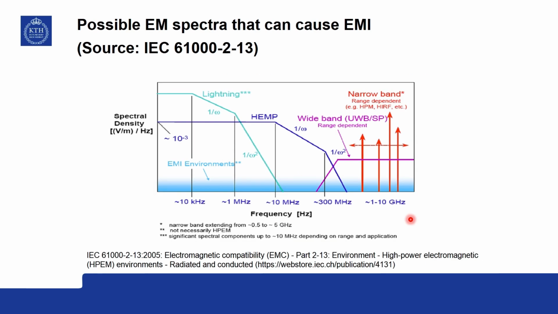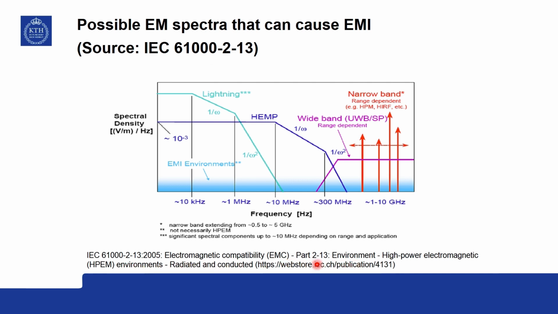Now, what could be the possible spectra that can cause EMI? In fact, it can be any known spectra of radio frequencies and low frequency waves. So, this graph is taken from the International Electrotechnical Commission standard 61000. The details of the standard is given here.